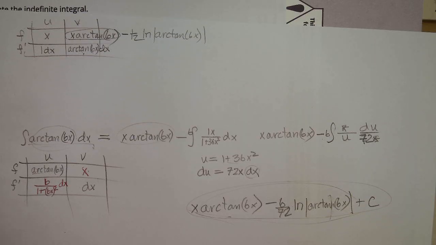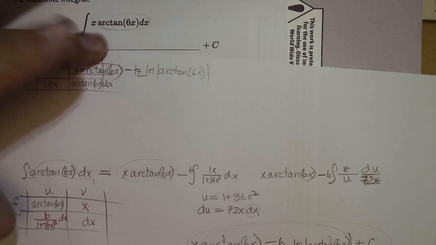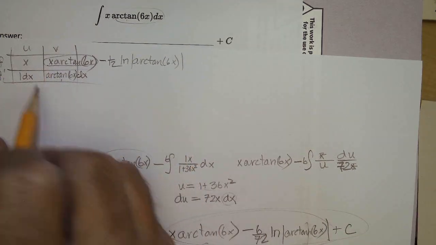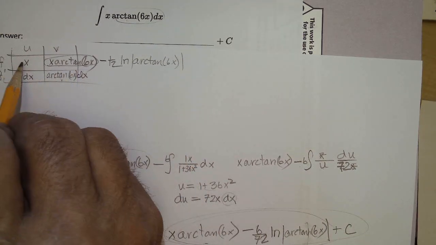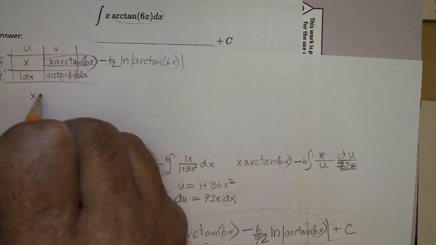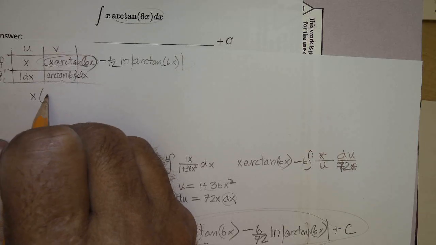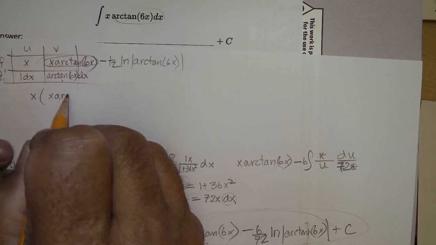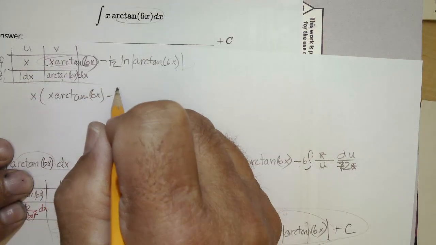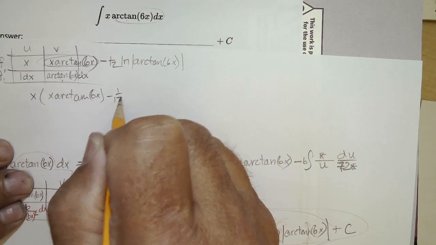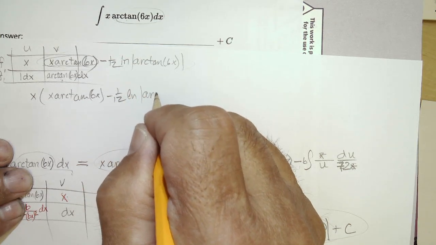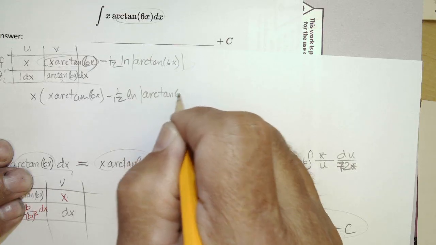And so to do this, it would turn into u times v, so this times all of this, x times x arctangent 6x minus 1/12 ln of 1 plus 36x squared.